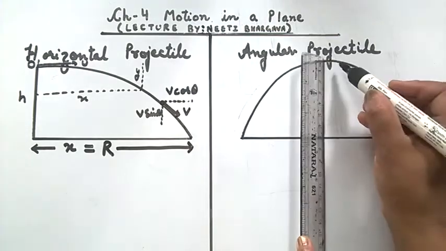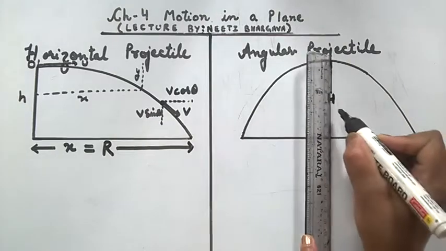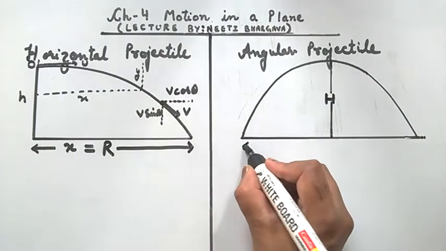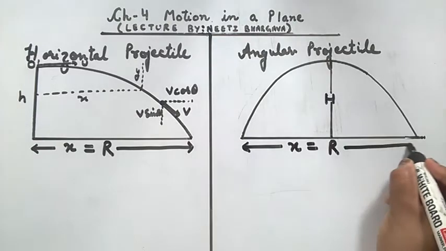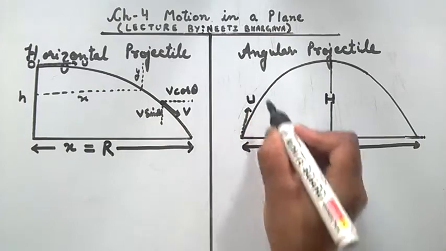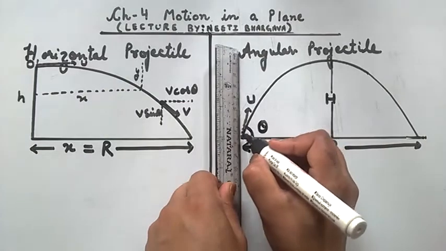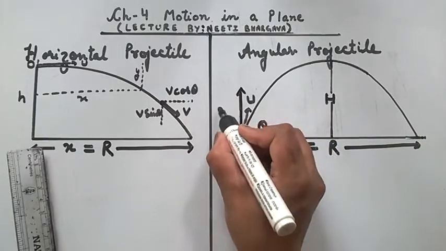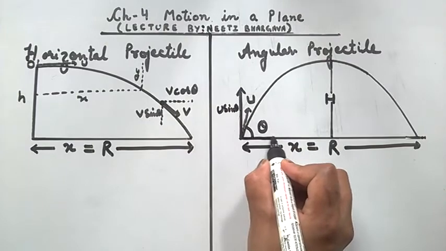Here the maximum height is h, and the maximum distance covered is the range, equal to the horizontal displacement. Initial velocity is u, making an angle theta with the horizontal. It will divide into two components. One is the perpendicular component, that is u sin theta. Another is the horizontal component equal to u cos theta.